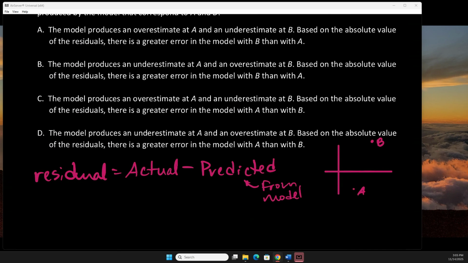And so what happened to get the -1.7 is they did the actual minus the predicted and got a negative. So if you subtract actual minus the predicted, it means that the predicted was larger. Because you subtracted and got a negative, the predicted was larger, then it was an overestimate.